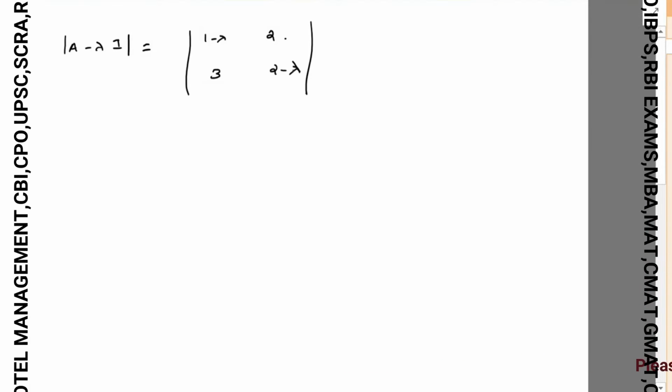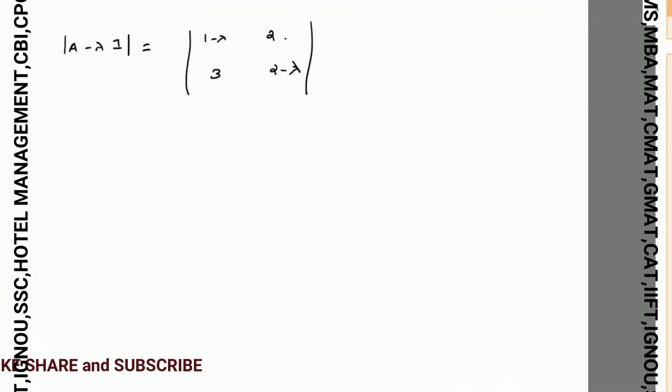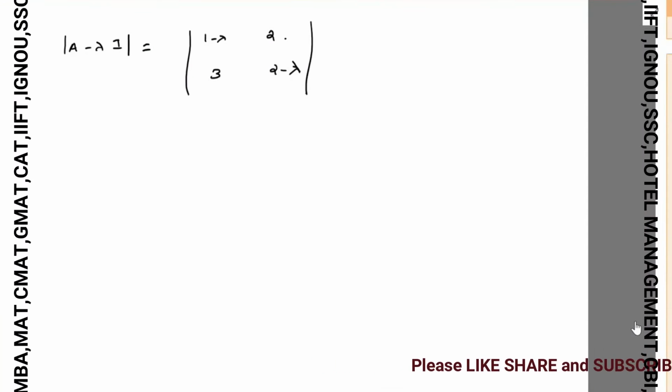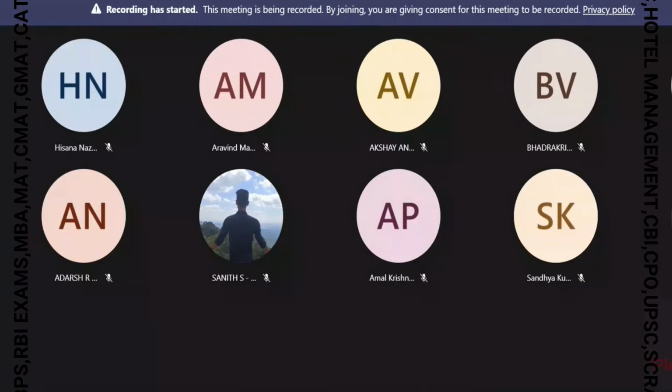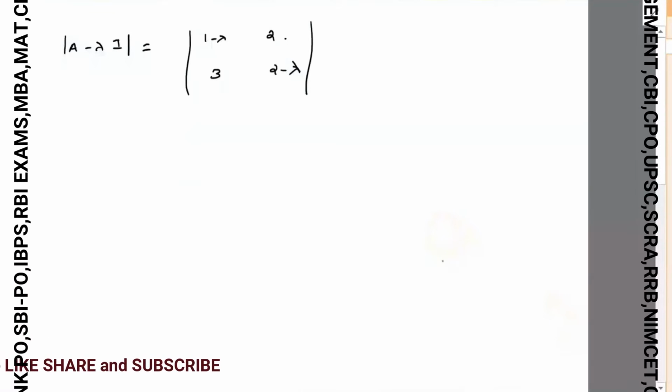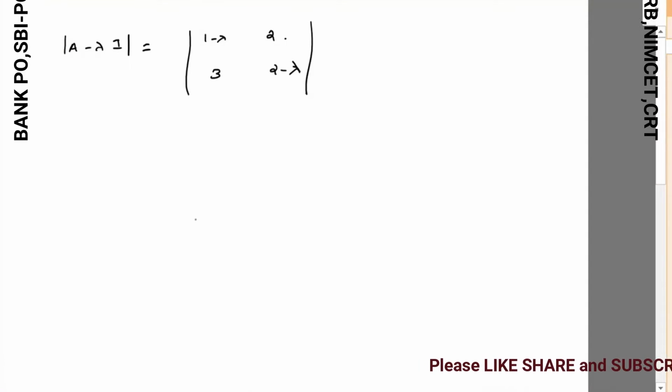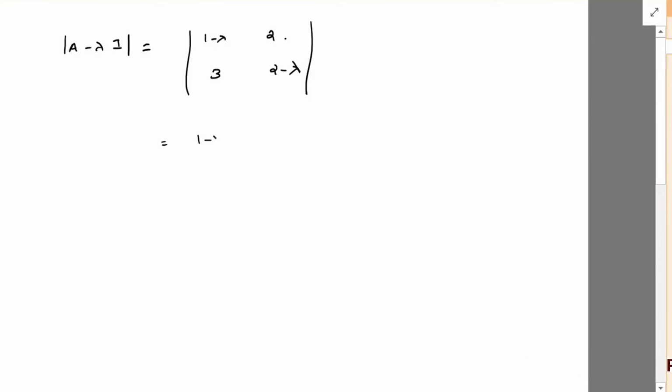So now take the determinant. What will be the determinant? It is (1 minus lambda)(2 minus lambda) minus 6.